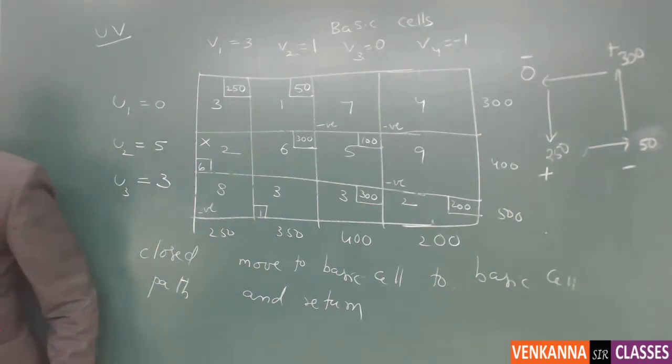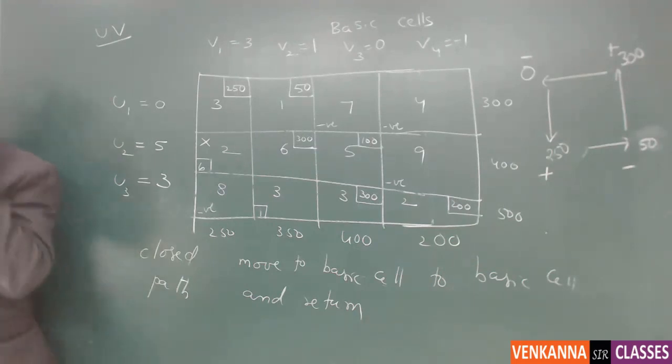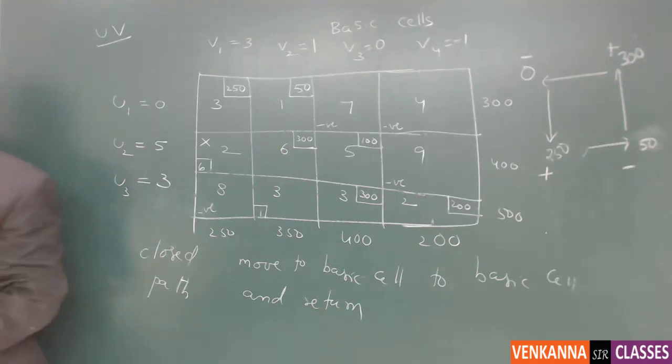So I repeat again, I have a closed path from basic cell to basic cell. That is step 1. After finding the closed path, I am giving symbols alternatively plus minus plus minus. The step where I have started will be treated as plus. All the remaining will be taken as plus minus alternatively. Then among all the negative signed allocations, I am taking the smallest value.